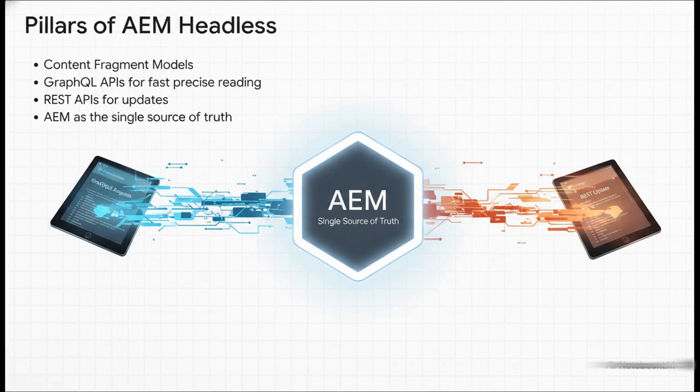Next.js fetches JSON data via GraphQL. And why GraphQL instead of REST? Well, it lets the front end request only the exact fields it needs, which gives you a massive speed boost. Meanwhile, inline front-end updates route back to AEM via REST. It's this brilliant separation of read and write protocols that keeps the AEM repository exactly where it needs to be, as the definitive single source of truth.